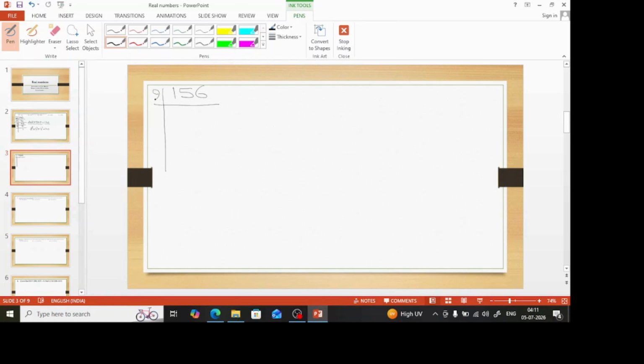Our first prime number will be 2. If we divide 156 by 2, we will get 78. Again, if we divide 78 by 2, we will get 39. Now we can take 3 because 39 is divisible by 3. Now 13 is divisible by 13.